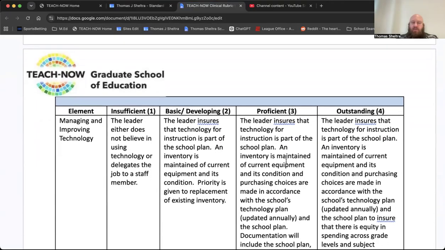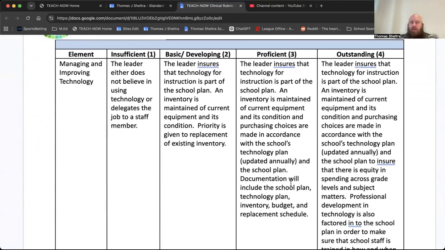And then managing and improving technology. Again, we have that technology audit, and then also going into the budget. We have those life cycle costs for our iPads, our Huawei laptops, and faculty and staff MacBooks. We're in year three, so obviously we have certain technology with life cycle.